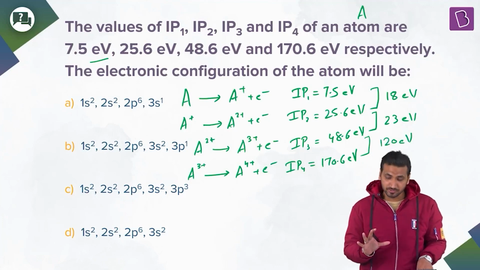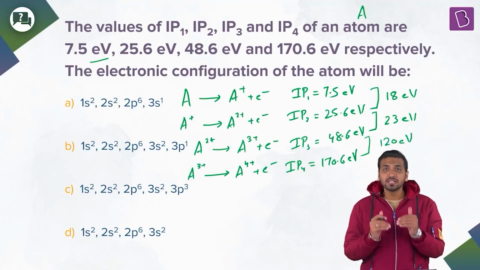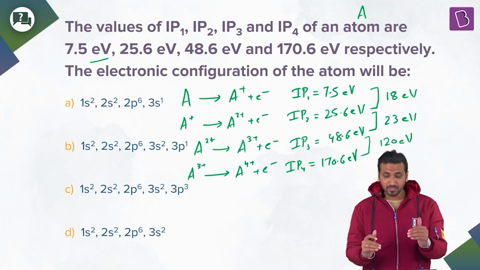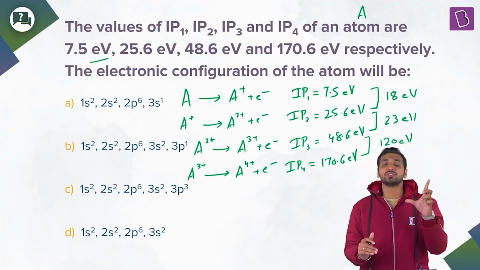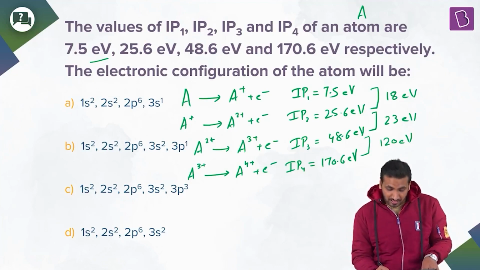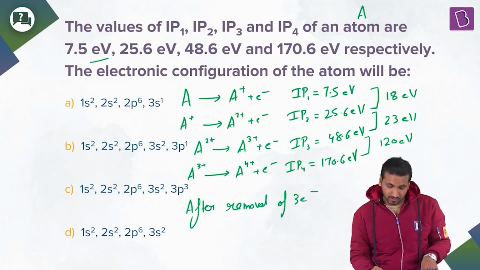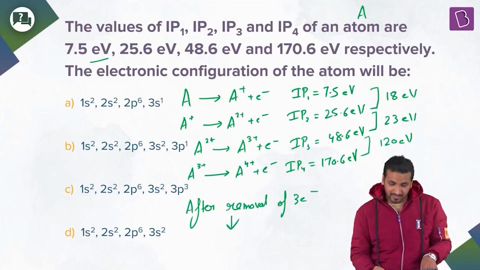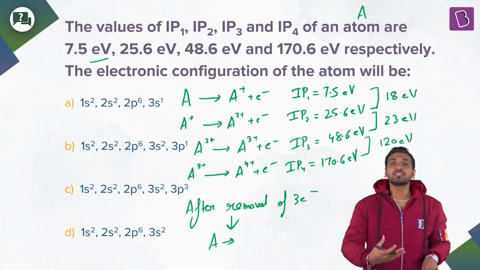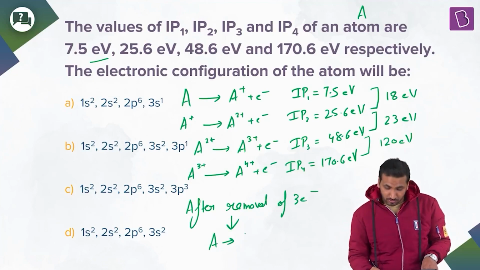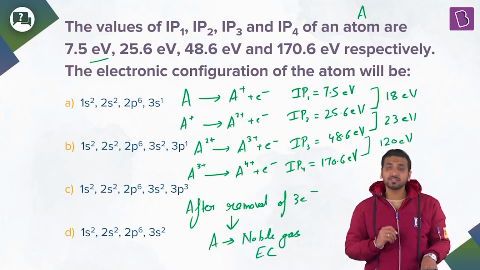What do I observe? After removing third electron, when you are trying to remove the fourth electron, the energy gap is huge. That means after removal of 3 electrons, the atom A must have gained the noble gas electronic configuration, right?